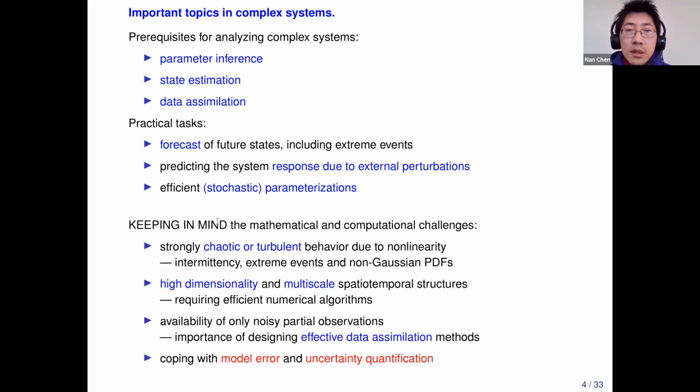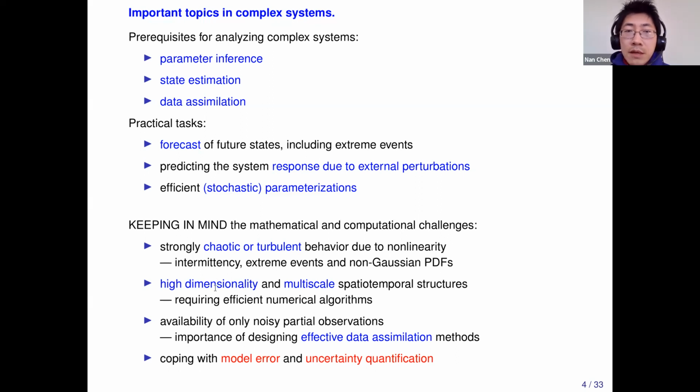And always keep in mind, there are a lot of mathematical and computational challenges in resolving all these problems. So first, many of those systems will have strongly chaotic or turbulent behavior because of the intrinsic nonlinearity. So we always observe a lot of intermittency, extreme events, and the statistics of these systems will be highly non-Gaussian.